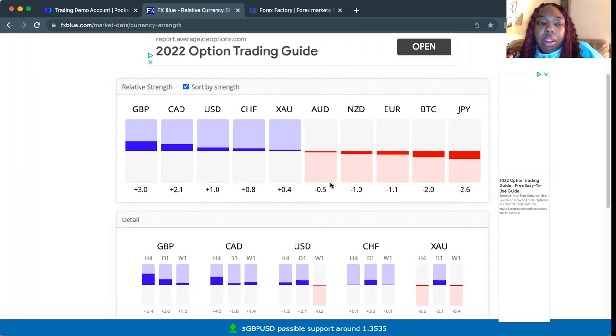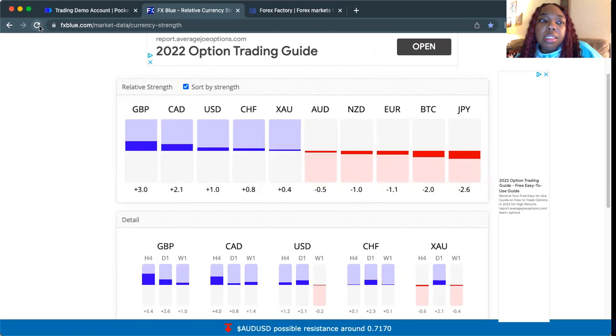Let's see if I can find another pair. Let's do NZD USD. I'm gonna give you a moment to remember what I told y'all. So NZD is clearly, if you see the color here, red, and that number is negative 1.0.